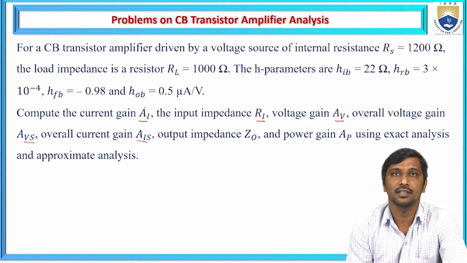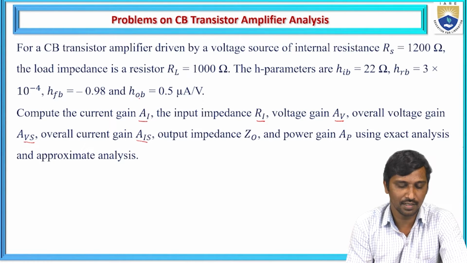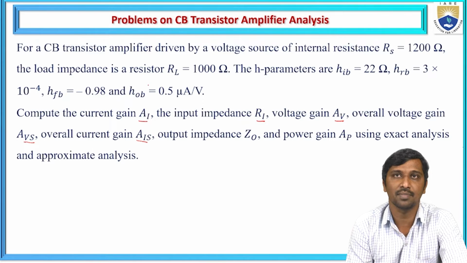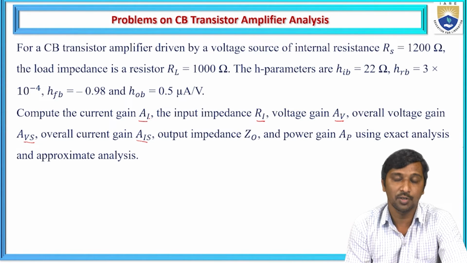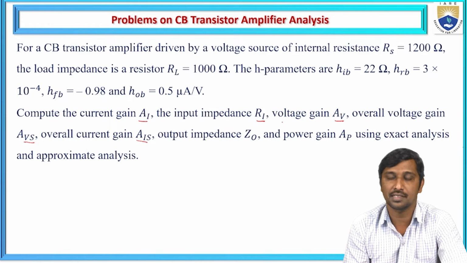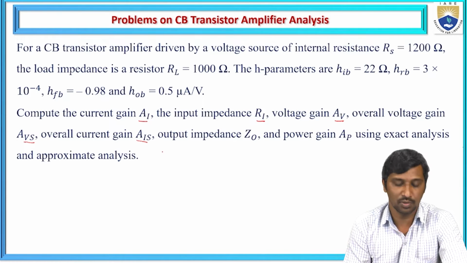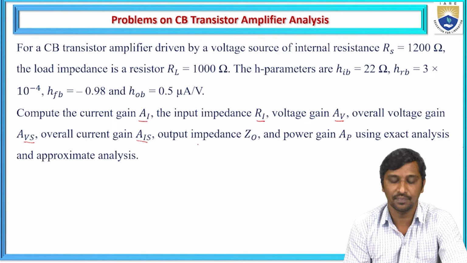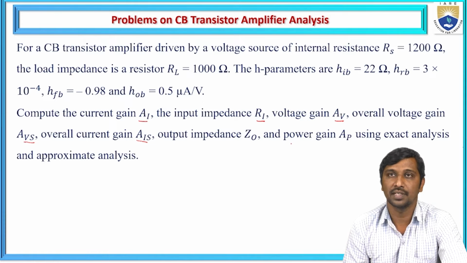Based on these specifications for the given common base transistor amplifier, we need to determine the current gain, input impedance, voltage gain, overall voltage gain, overall current gain, output impedance, and power gain.